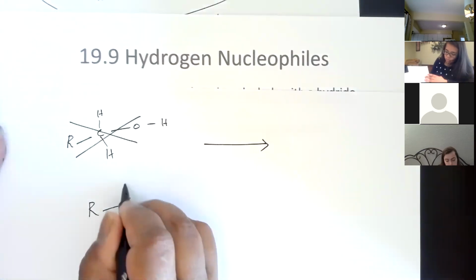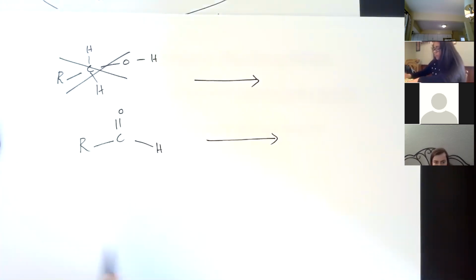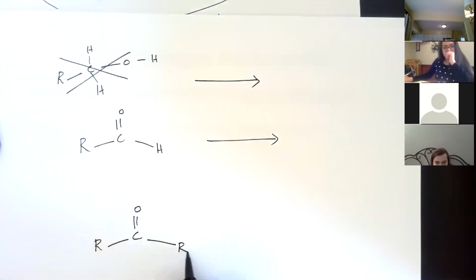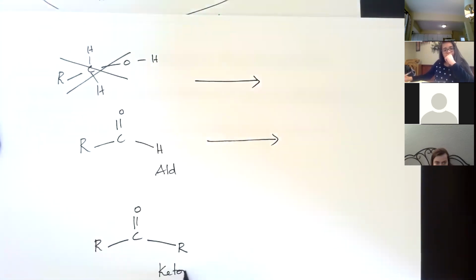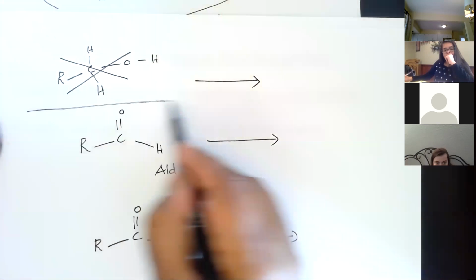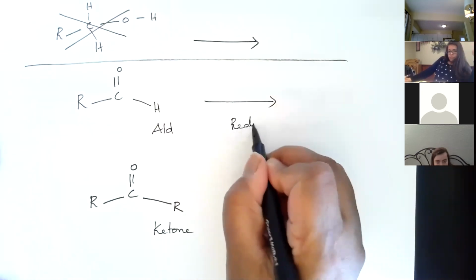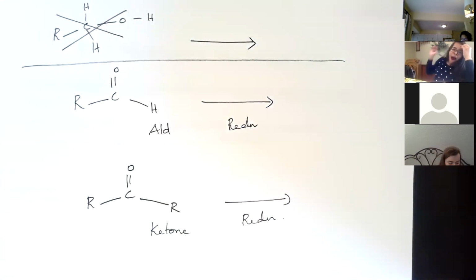If you have an aldehyde, what does it reduce to? What is the product here? You studied this when you studied alcohols. What is the aldehyde reduced to?